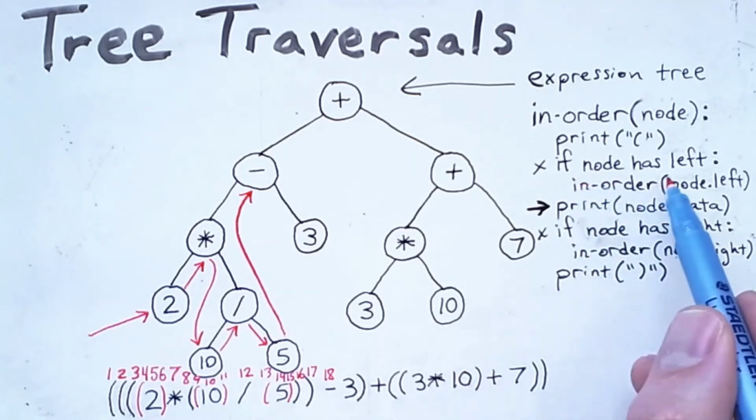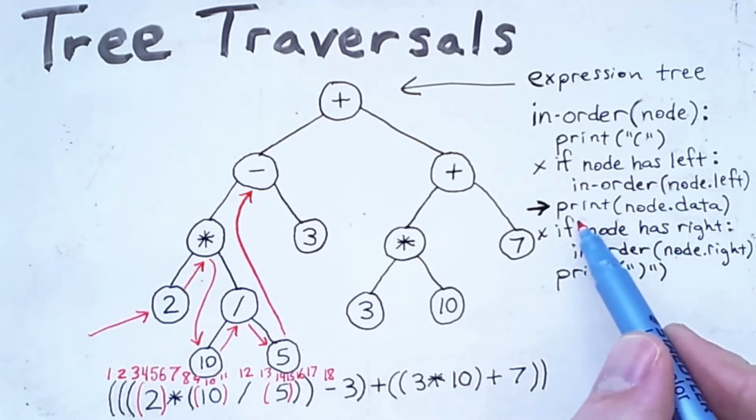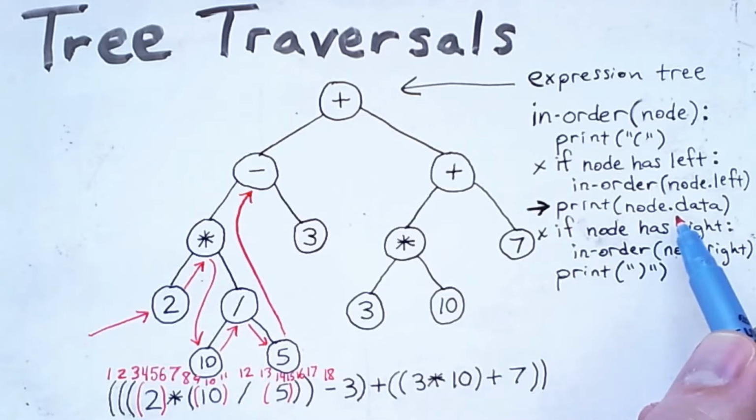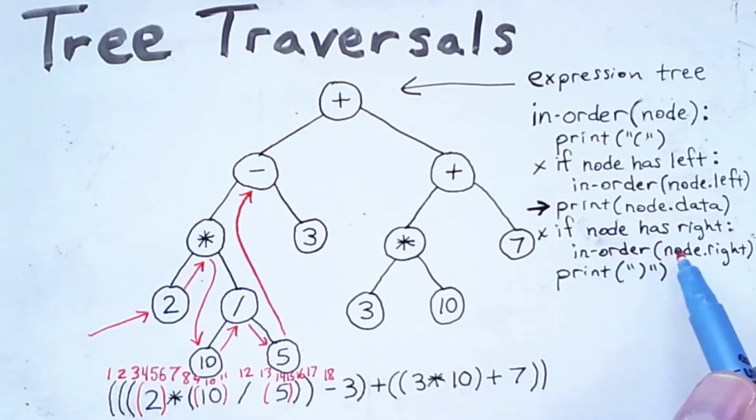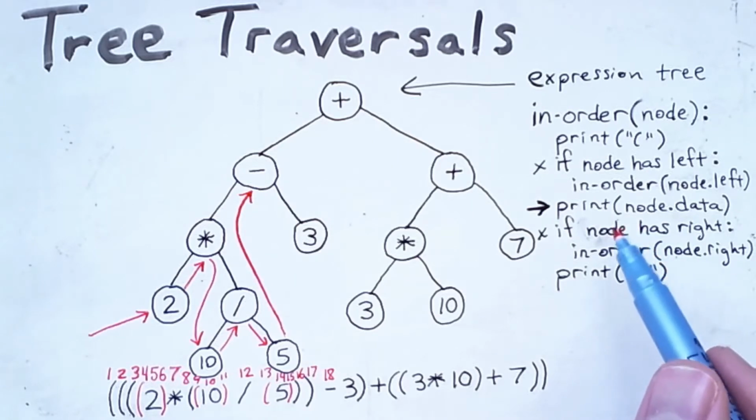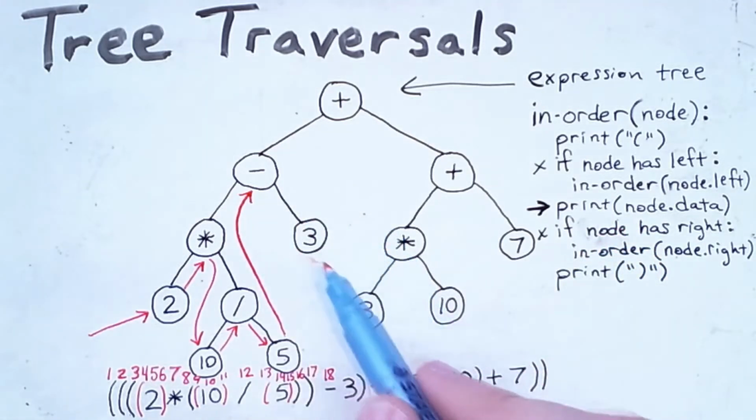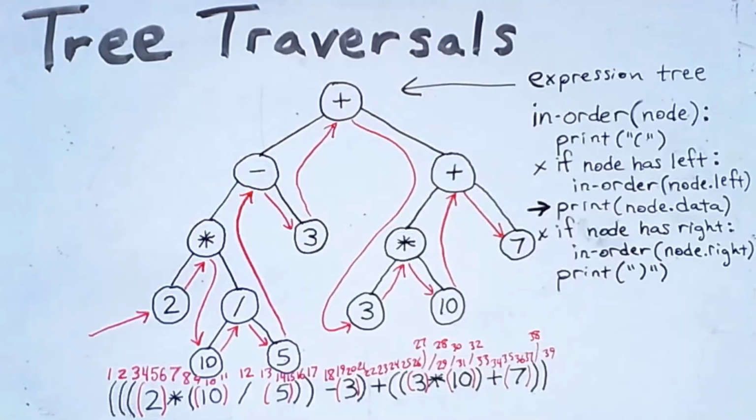If there's a left, visit it, print the data in the current node, then if there is a right, visit that one. And eventually we get through all of this and we're done, and we'll get a result that looks like this. And here we have the final traversal order, which matches the sequence of operands and operators shown in this infix expression below.